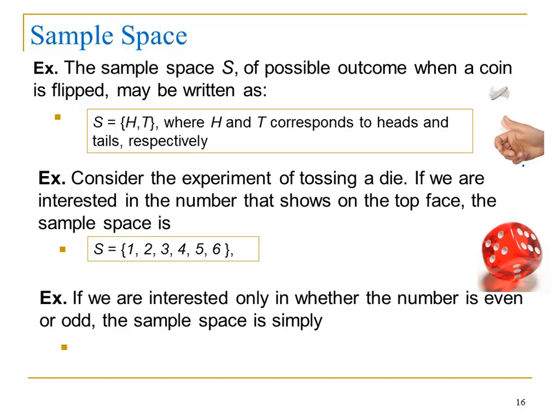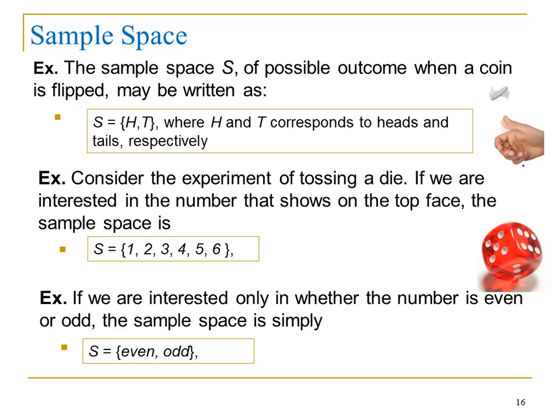If you're interested only in whether the number is even or odd, what will be the sample space? So again, we are defining our outcomes as even or odd. Those are two outcomes, which means that your sample space is going to be defined by those two words, even and odd.